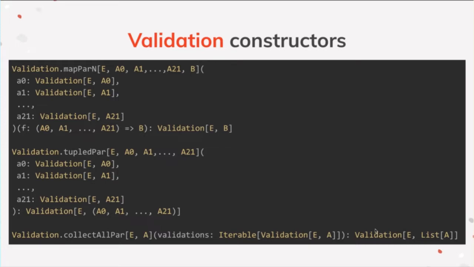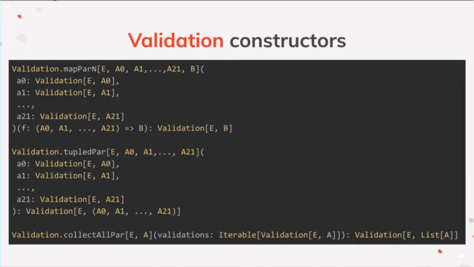Okay, so let's continue. As I was saying, we have several constructors for combining several validations into just one value. For example, we have mapParN that receives several validations, up to 22 validations, and you can combine them using a given function.